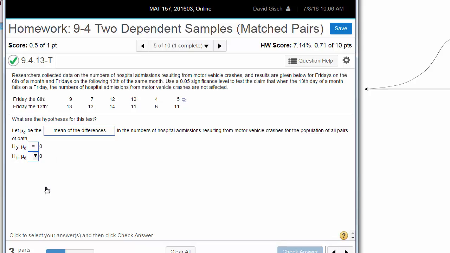In other words, we think they're equal, and the alternative is not equals then. We're not saying they think there's more crashes on Friday the 13th, though. That's probably what you might think if you're superstitious or something. But that's not what they're claiming. They just say that they're not affected. So in other words, the same.